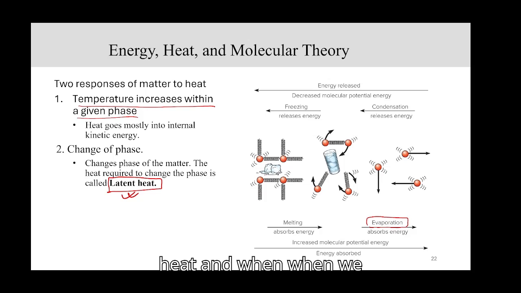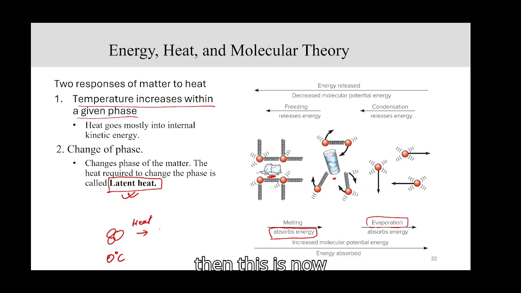When we have this ice and we want to change it to liquid phase, it will absorb some energy without increasing its temperature first. Meaning, we have this ice block at 0 degrees Celsius, and we added some heat.